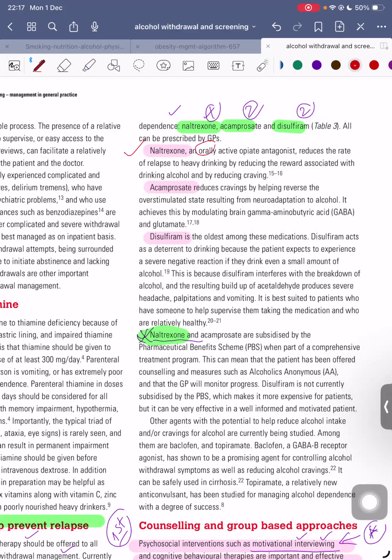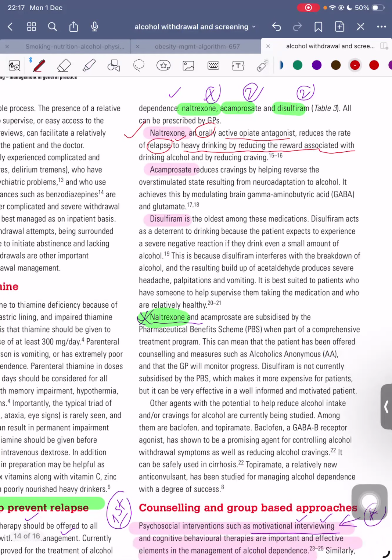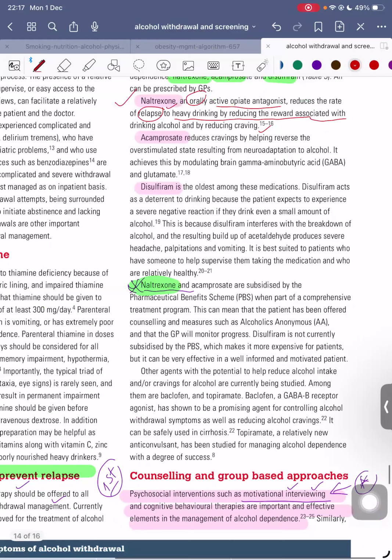Orally active opiate antagonists reduce the rate of relapse to heavy drinking by reducing the reward associated with drinking alcohol and by reducing craving. This is an opioid antagonist. We are giving it to reduce alcohol craving. Acamprosate reduces the craving by helping reverse the overstimulated state resulting from neuroadaptation to alcohol.